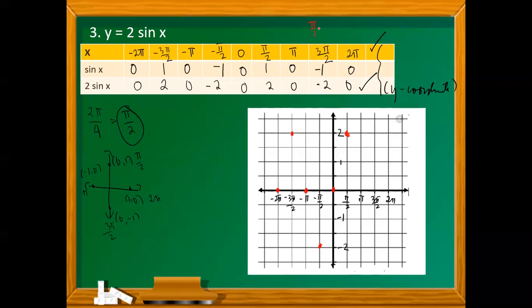So for pi over 2, we have sine pi over 2 is 1. So 2 times sine pi over 2 is equal to 2.